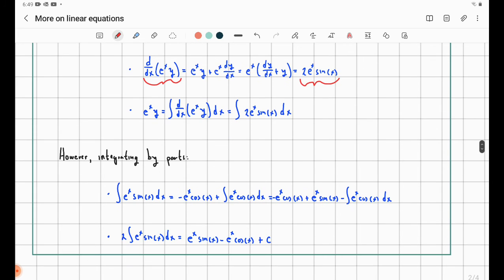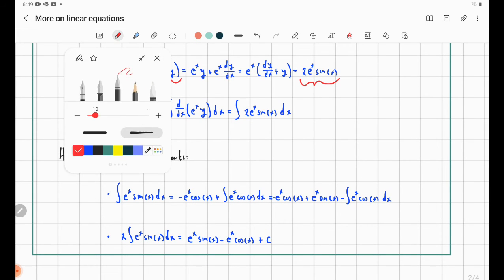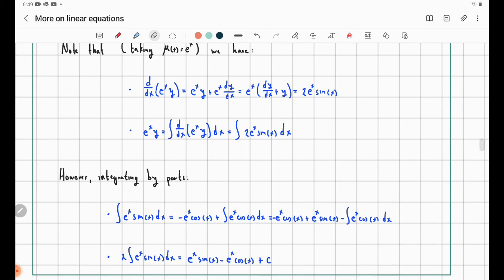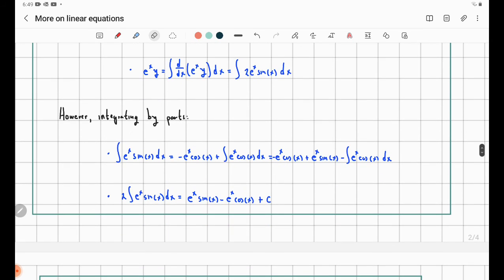On the left-hand side you recover e to the x times y, and on the right-hand side you obtain the integral of 2 e to the x sine of x dx. If you remember from calculus 1, these kinds of integrals can be solved by integration by parts.